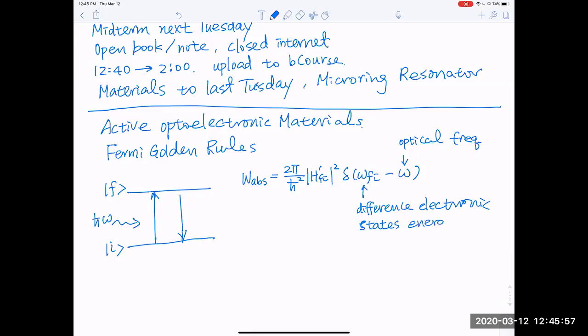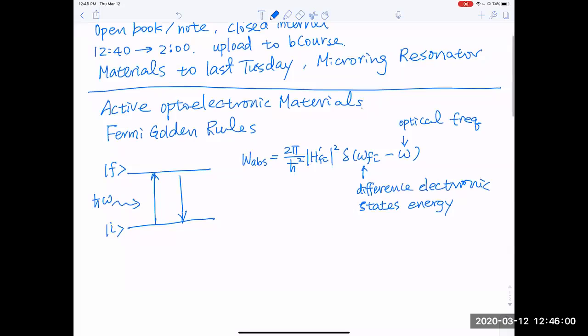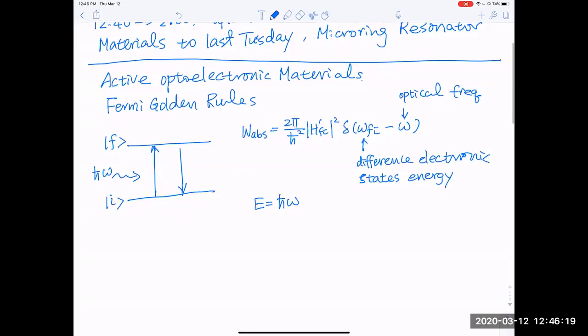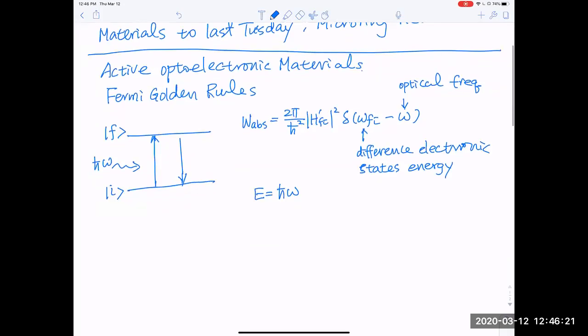So that's basically a statement of conservation of energy. And we can do a change of variable. Sometimes it's more convenient to discuss in terms of energy rather than frequency. Energy is equal to h bar omega, as we all know, through basic quantum mechanics.